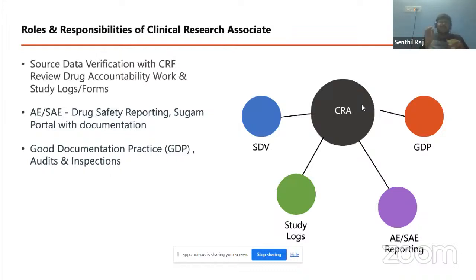During my visit, I noticed the data entered in the paper CRF was not matching the eCRF, so we have to tell the site and correct it manually. This correction, what they are doing, will also be documented from our end, because whatever we are doing is full of documentation.